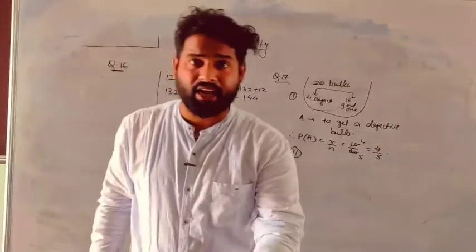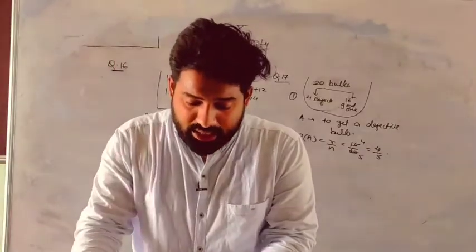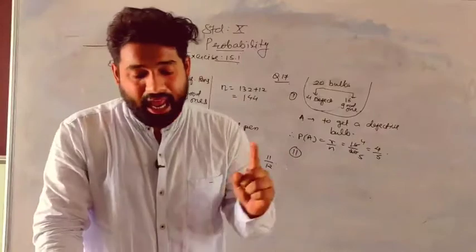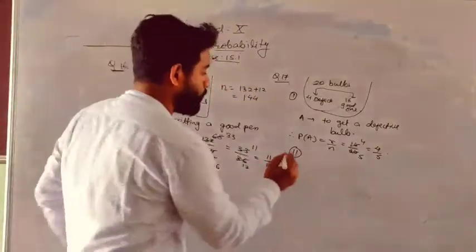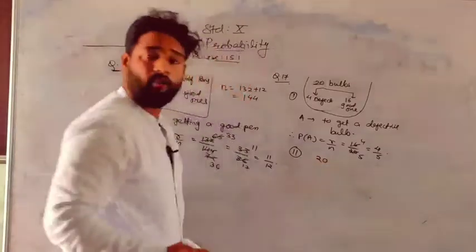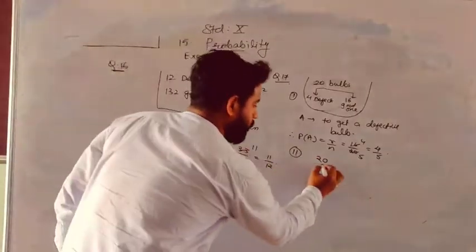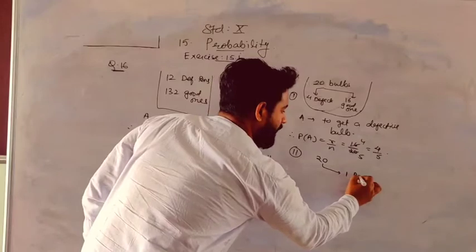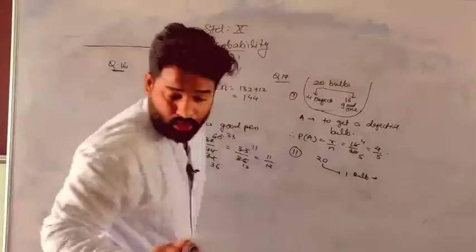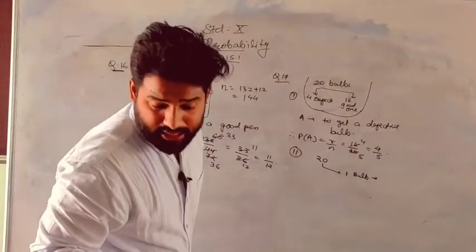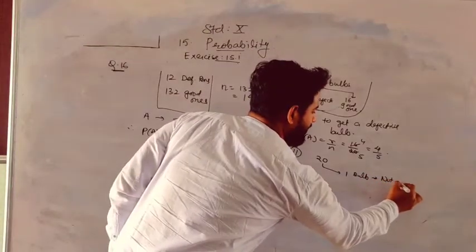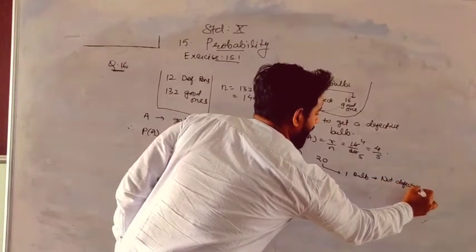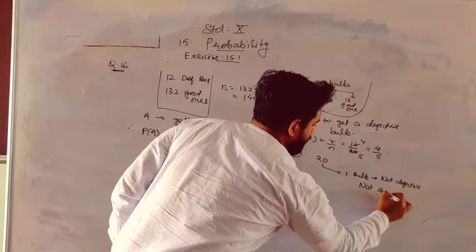So the same kind of question is there. Suppose the bulb drawn is non-defective and it is not replaced. So from 20 you are picking one bulb, and you got to know that it is not defective and it is not replaced.